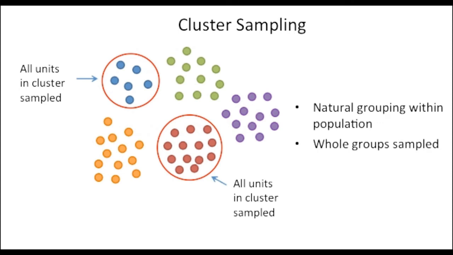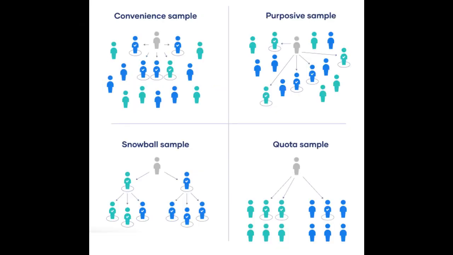Now let's proceed to the non-probability sampling methods. In a non-probability sample, individuals are selected based on non-random criteria, and not every individual has a chance of being included. This type of sample is easier and cheaper to access, but it has a higher risk of sampling bias.